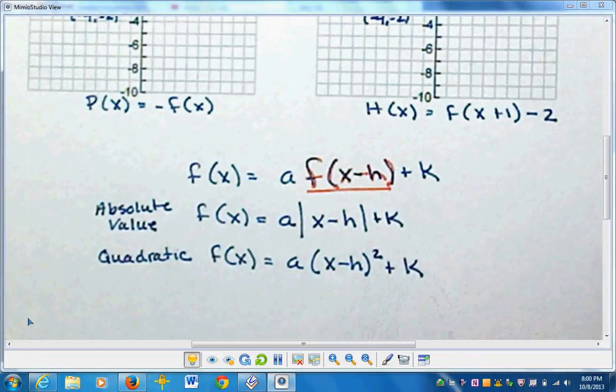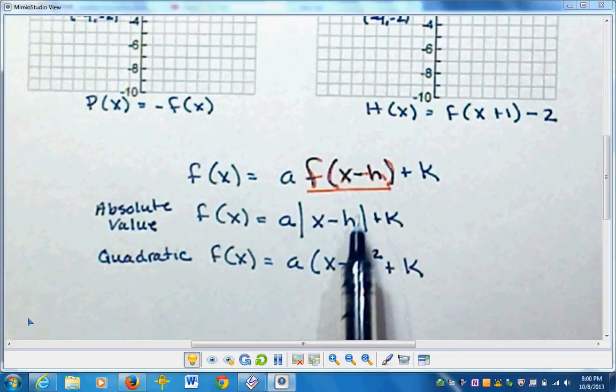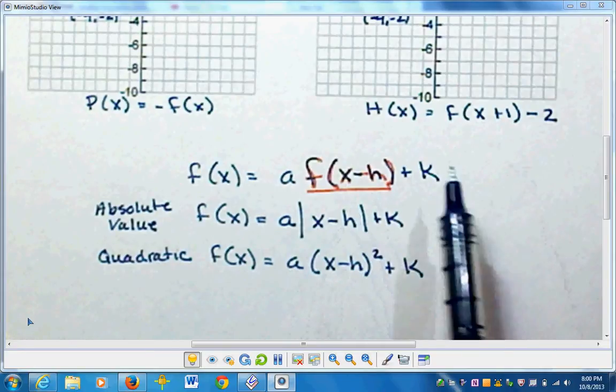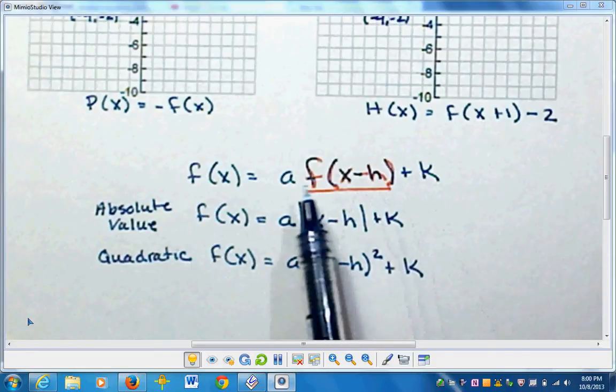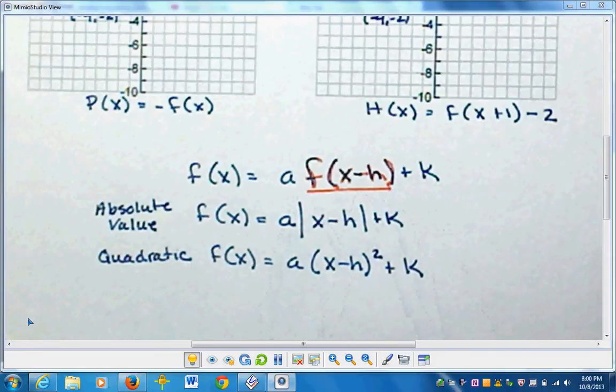So you can see they have some similar characteristics. They all have an a that's being multiplied in front of the function. X has a minus h inside the function, and we have a plus k at the end after the actual function. So each of these letters, these parameters, does something to our function.